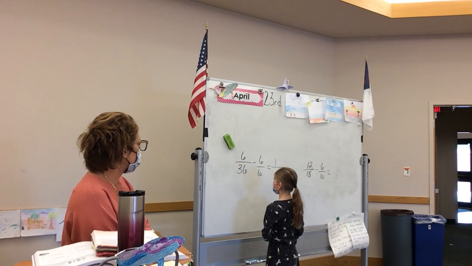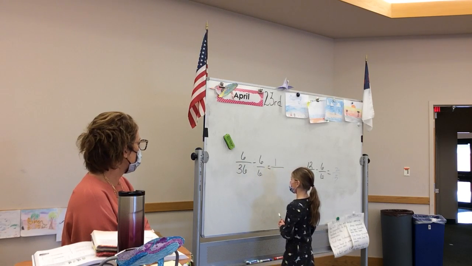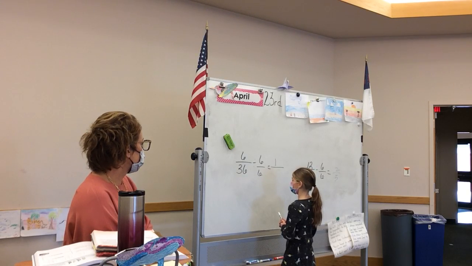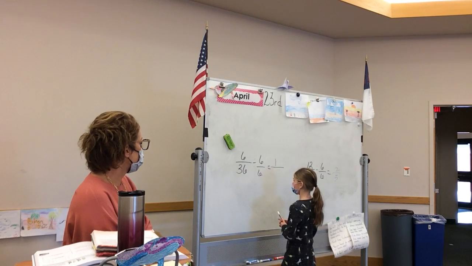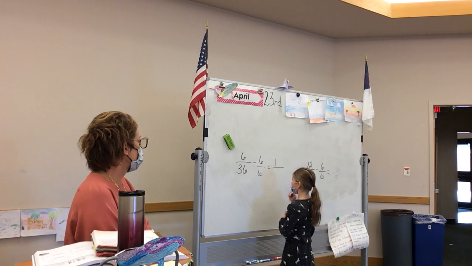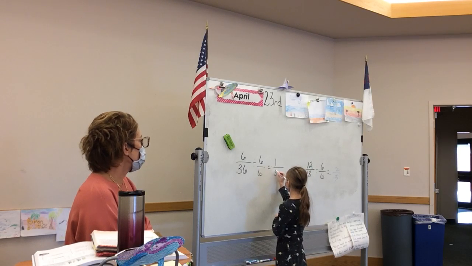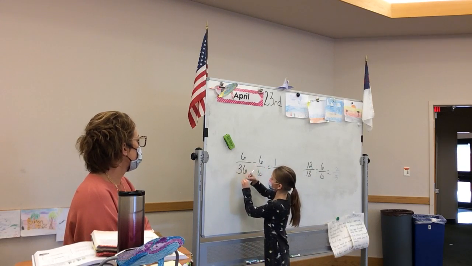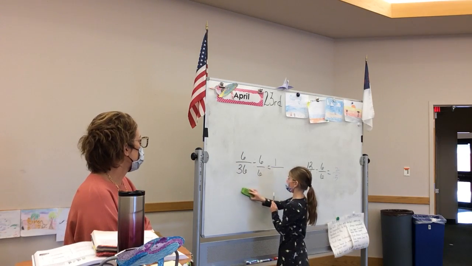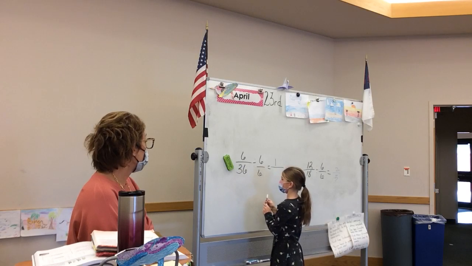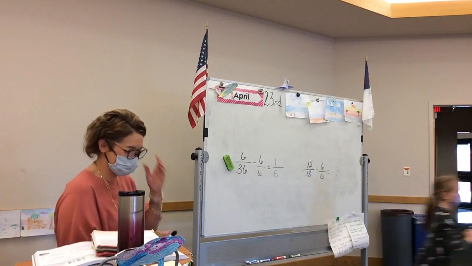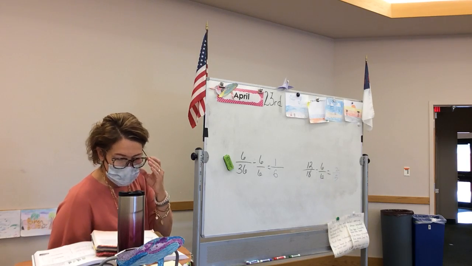What times 6 is 36? What is 6 times 5? No, I'm just asking, that's not the answer. What is 6 times 5? Yes. And then what is, bingo. Good job. All right, so that is correct.